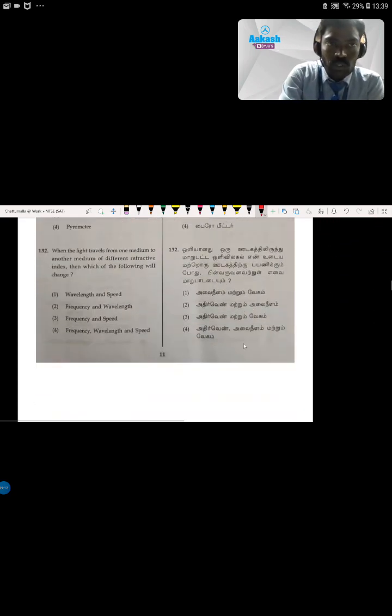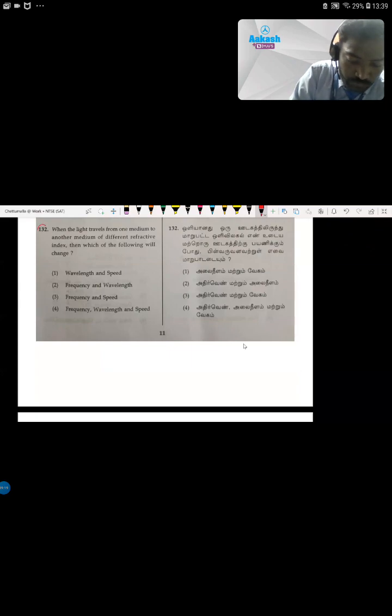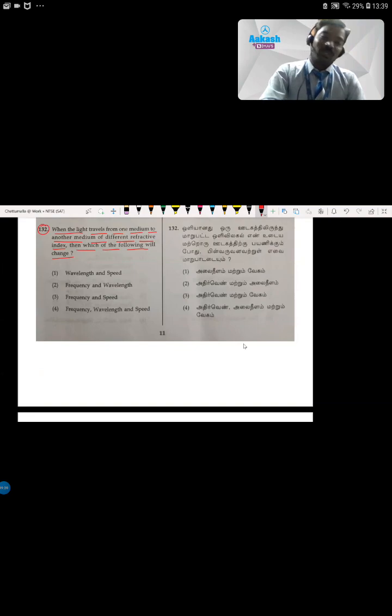Next, question number 132. When light travels from one medium to another medium of different refractive index, which of the following will change? Usually you will be asked to find the physical quantity which will not change during refraction, and that was frequency. But here they are asking which will change.